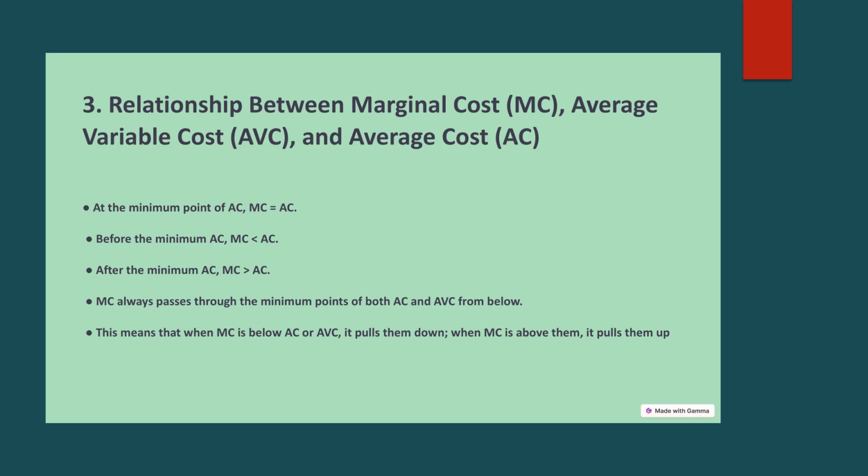Before the minimum average cost, marginal cost is less than average cost, but after the minimum, marginal cost is greater than average cost. Marginal cost always passes through the minimum points of both average cost and average variable cost from below. This means that when marginal cost is below them, it pulls them down. When marginal cost is above them, it pulls them up.